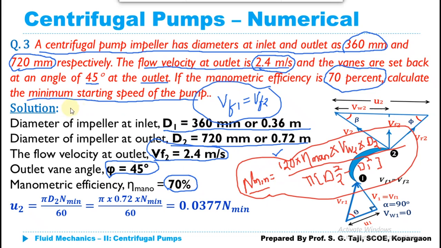What we need to calculate is the minimum starting speed, given by 120 multiplied by manometric efficiency multiplied by VW2 multiplied by D2, divided by pi multiplied by (D2 square minus D1 square). Looking at this expression, we already have D1, D2, and the manometric efficiency. We just need to calculate VW2.